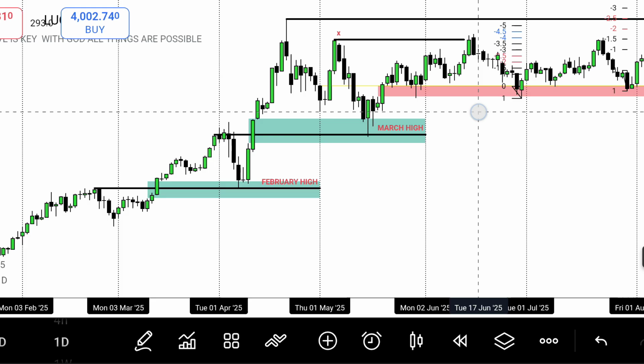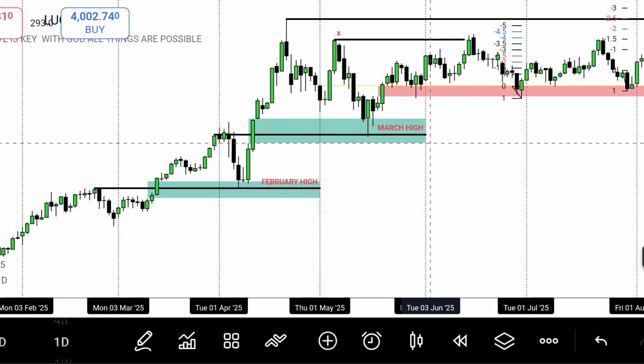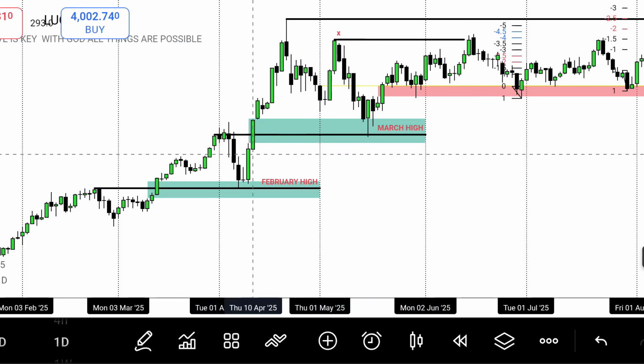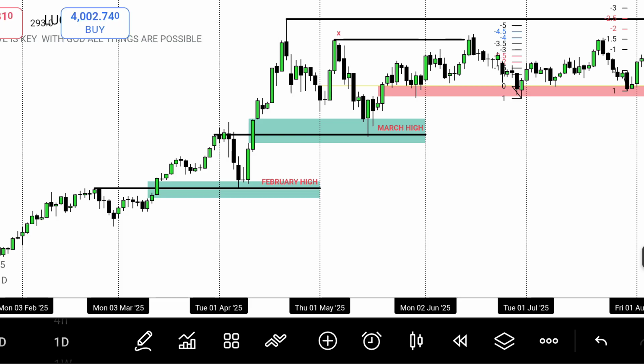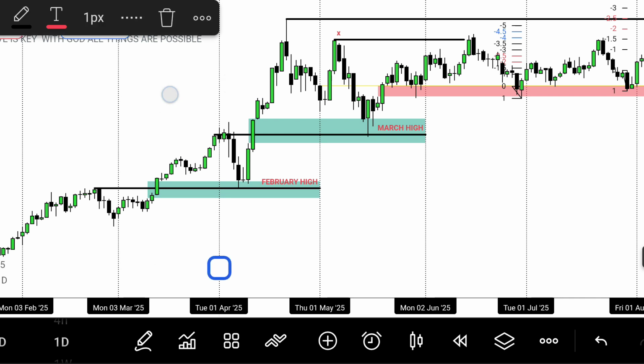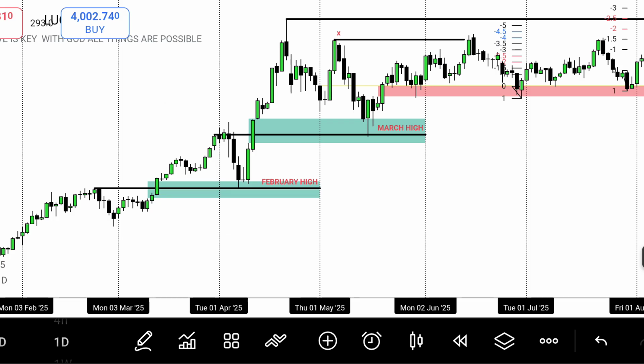As you can see on the chart, price ran up throughout the month of March till exactly at April's open, which is this vertical line. April opens up, and we saw rejection. What were we rejecting?